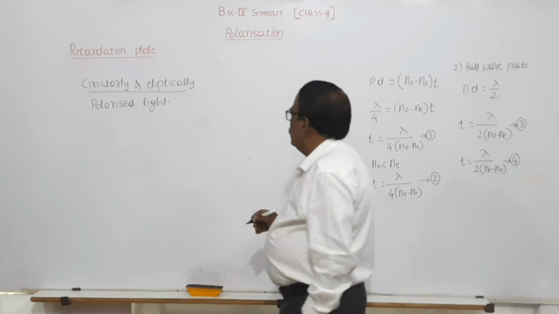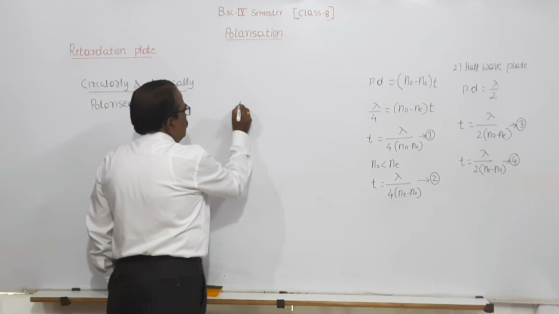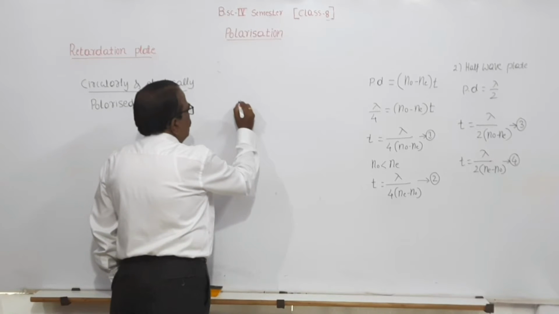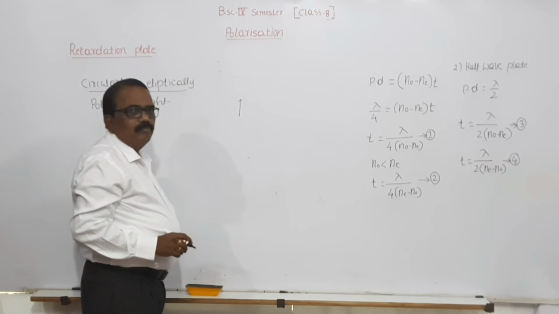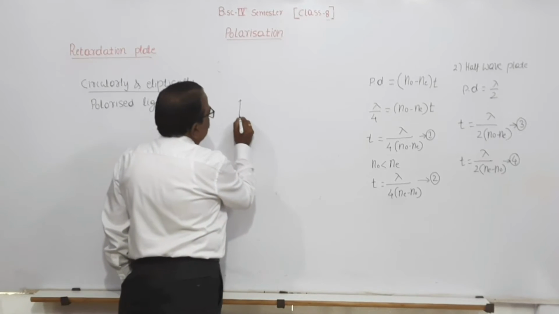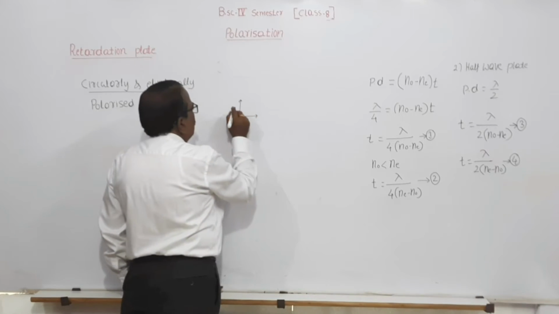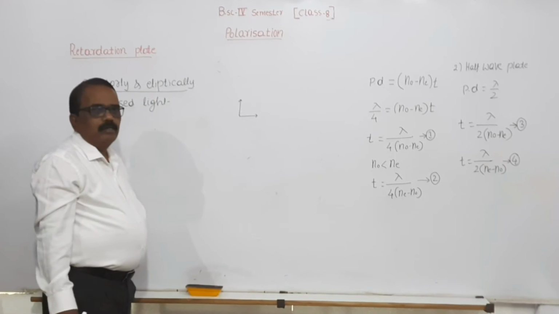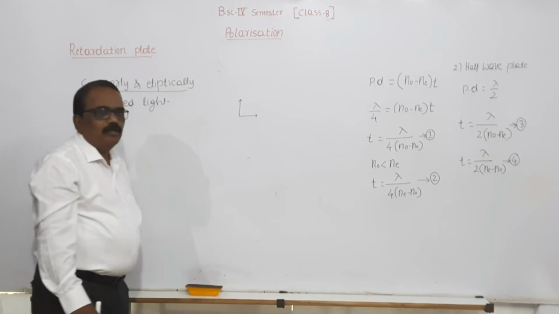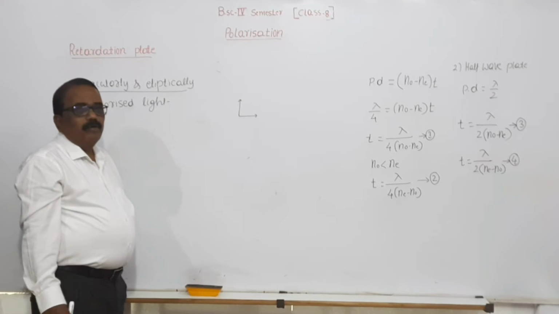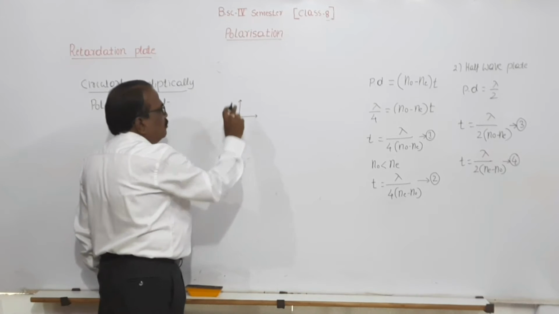How? So consider this is a vector, one plane polarized light, and this is another plane polarized light. They are perpendicular. This is plane polarized light and this is also plane polarized light of equal magnitude, meaning their length is the same.